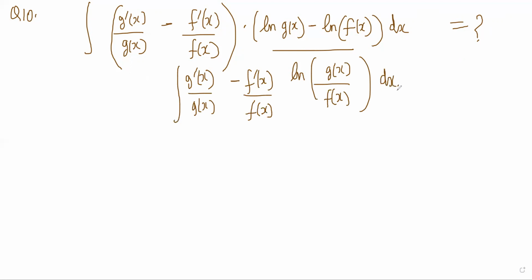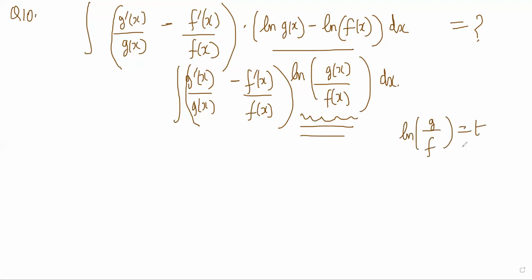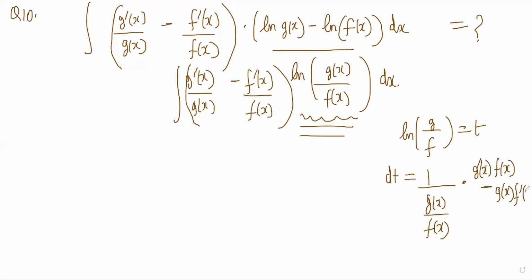So if I think of taking some substitution here, one thing you could try substituting is this one. If you take ln of g by f as your t, your dt would become 1 by (g of x by f of x), and then differentiating g of x by f of x, which is (g dash x f of x minus g of x f dash x) divided by f of x whole square, into dx.